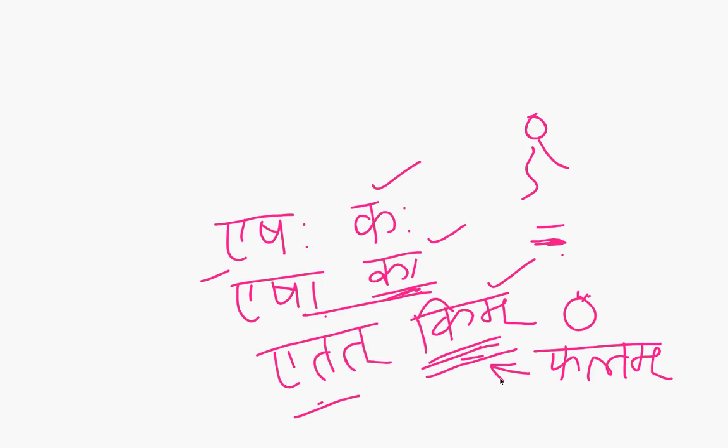So these kaha, ka, kim have three different genders, just like eshaha, esha, etat. Eshaha is pullinga, esha is strilinga, etat is napumsakalingam.